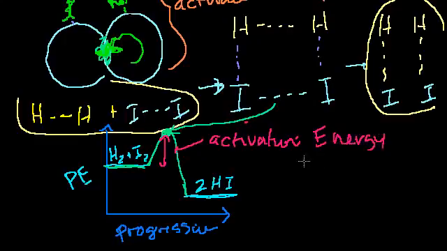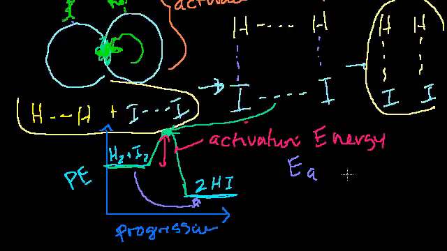Sometimes it's written as EA, energy of activation. And in the future, we'll maybe do reactions where we actually measure the activation energy. But the important thing is to conceptually understand that it's there, that things just don't spontaneously go from here to here.